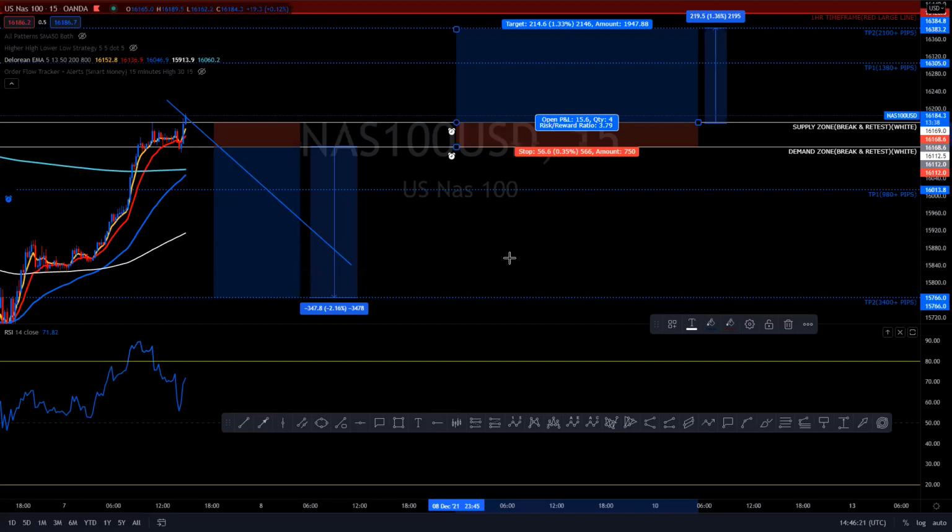Right, so my goal is to get at least $15, $20 out of this trade. So we'll see what happens. So we'll see what happens here.